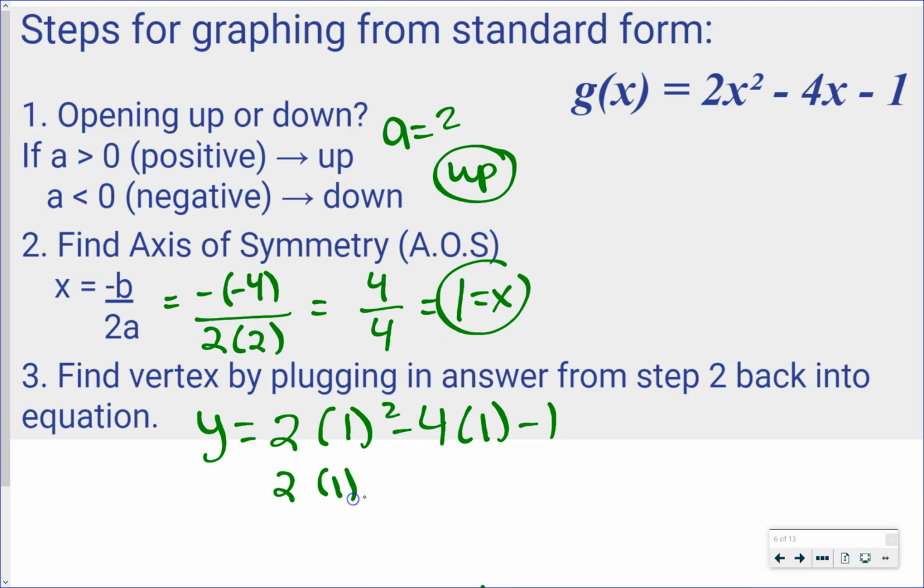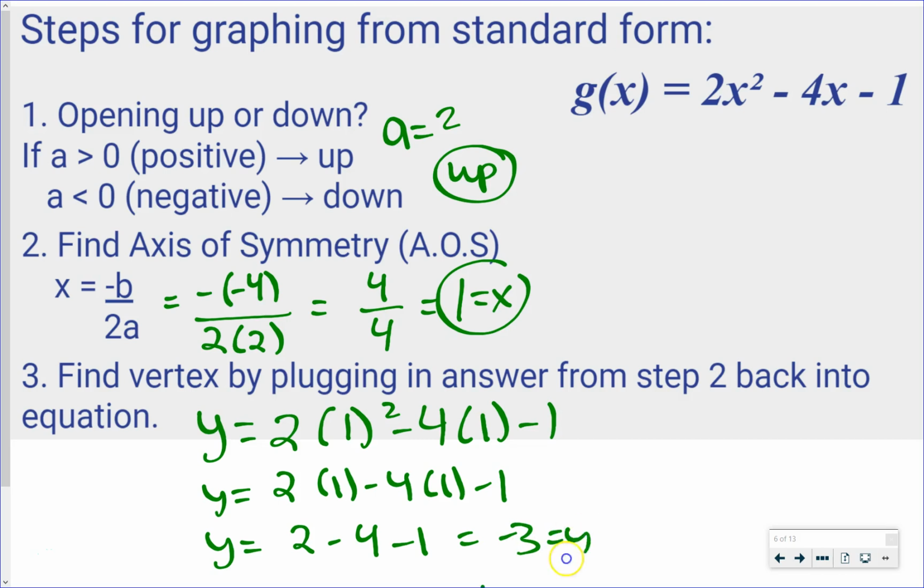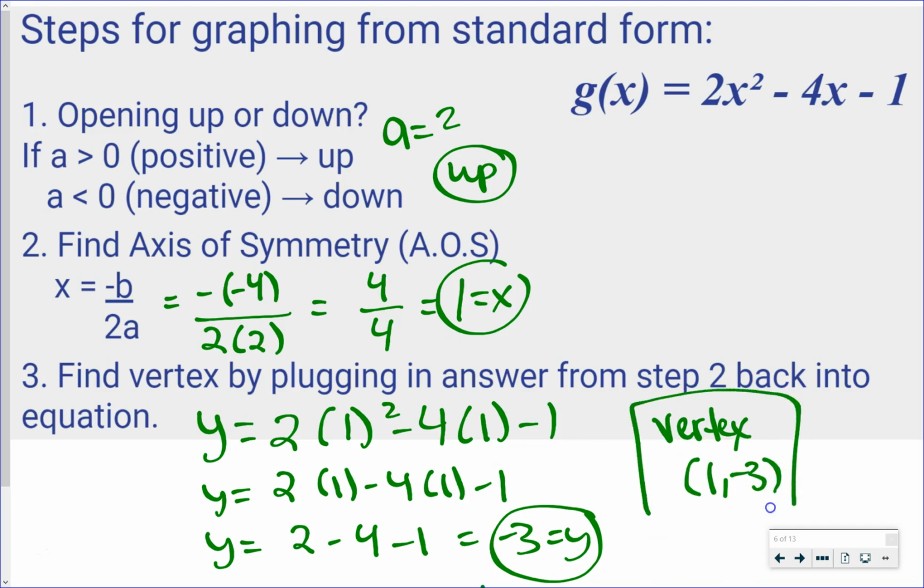This is 2 times 1 minus 4 times 1 minus 1. So now we have 2 minus 4 minus 1. What does that give me? Negative 3. So that means my vertex is 1, negative 3. I didn't do my PEMDAS stuff. Gotta do the PEMDAS.